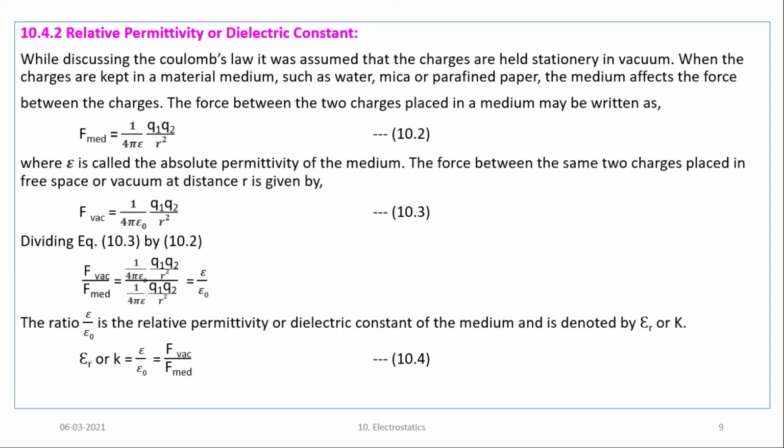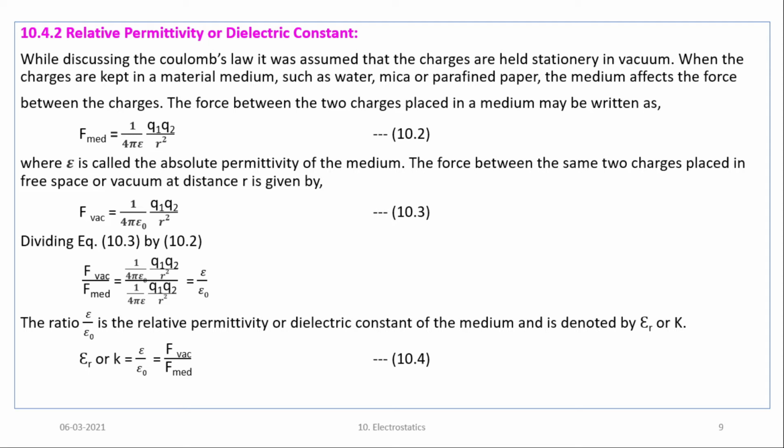By Coulomb's law, we get the force of interaction between two point charges. Now if we change the medium where the charges are kept, then the medium affects the force between the charges.